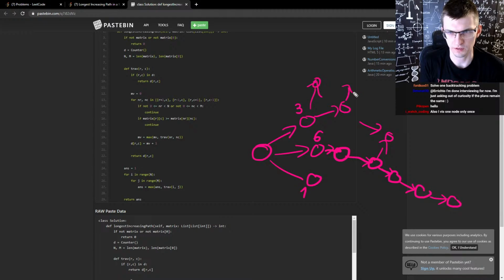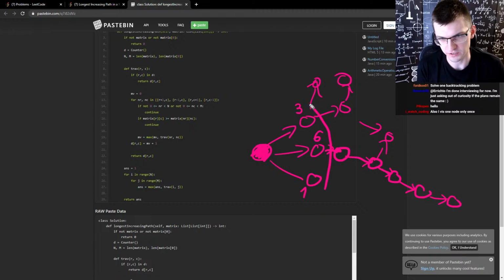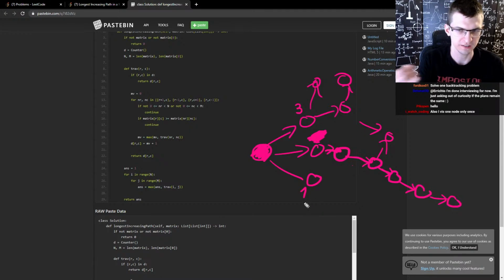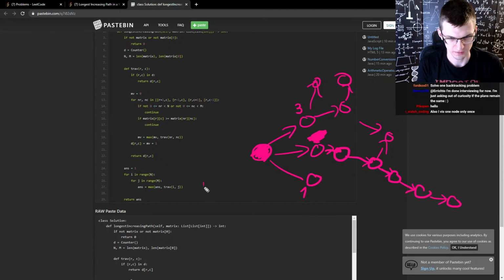Maybe this is the graph. And then here I want to say 7. So to know the answer for this vertex, you need to know answers for those. And if something is still unknown, not yet computed, then you compute it here by iterating over the next vertices. This is one way to do toposort.